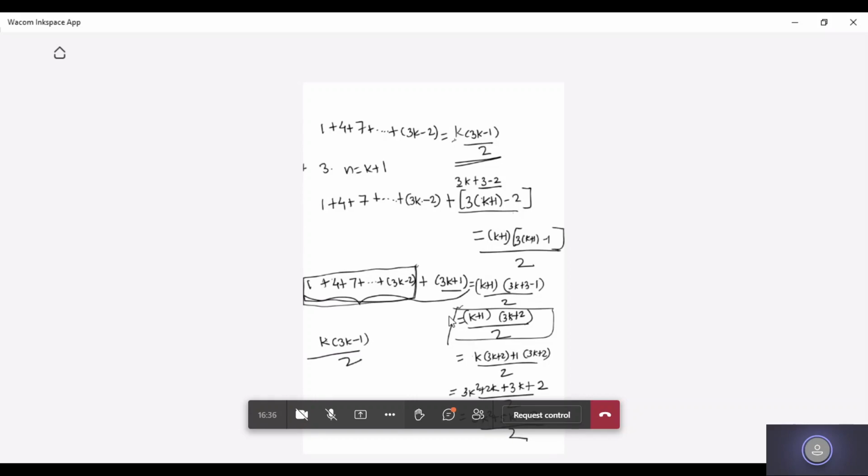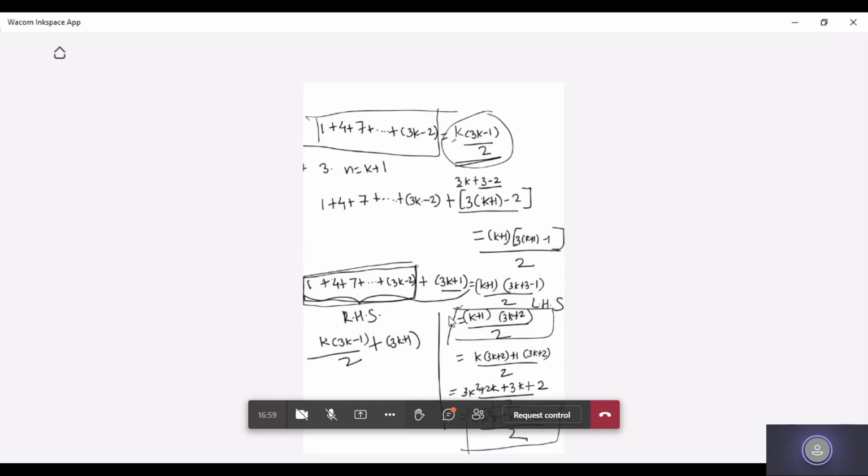I have substituted this equation value as k(3k minus 1) divided by 2 plus 3k plus 1. So this is LHS and the other is RHS. Okay, LHS we have solved and we have got this as the final equation. Okay, so let us solve this.